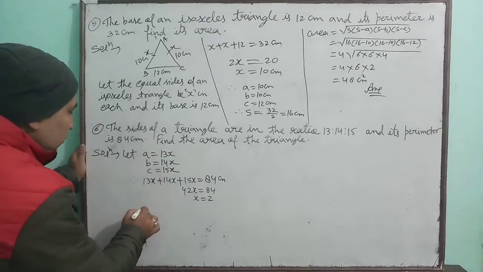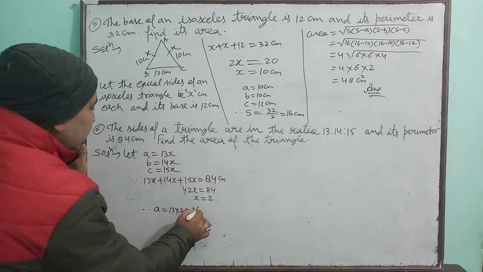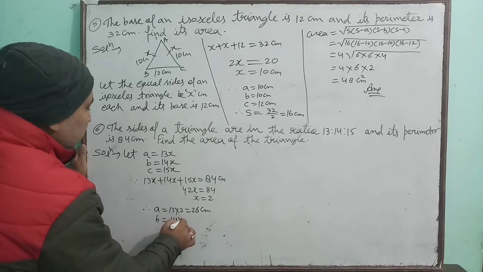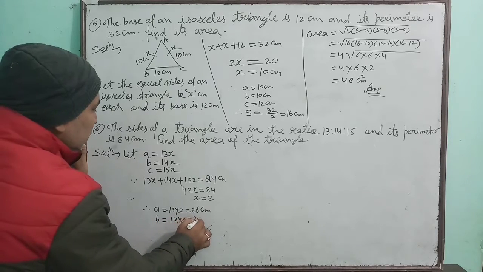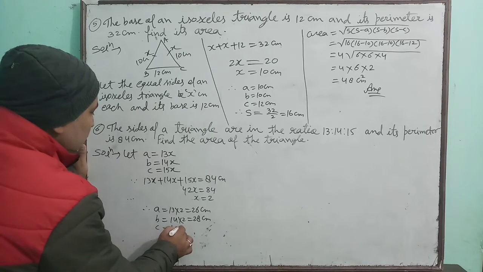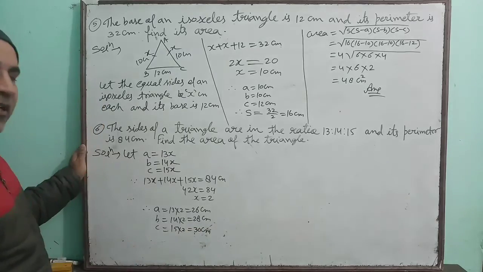If x is equal to 2, that means A is equal to 13 into 2, which is 26 centimeter. B is equal to 14 into 2, that means 28 centimeter. And C is equal to 15 into 2, that is 30 centimeter.